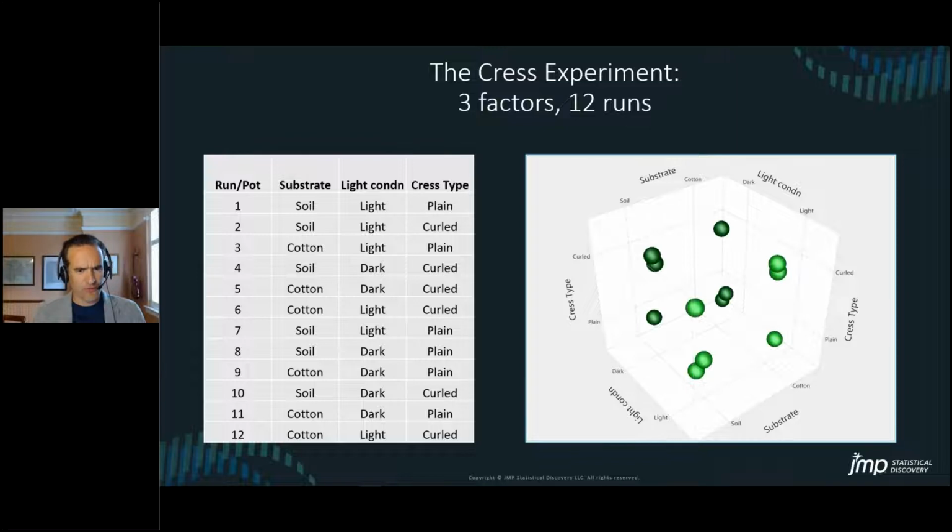With 2 different choices for each of 3 factors, there are 8 possible treatments. So the full factorial for that is 8 treatments. We're actually repeating 4 of those, so we're repeating the half factorial there. So 12 runs in total, so it fits nicely into 2 egg boxes.